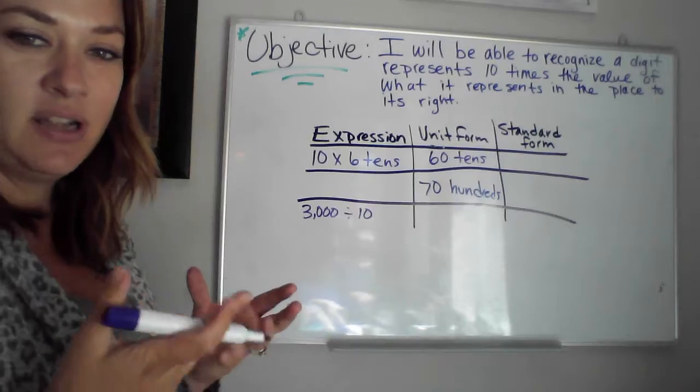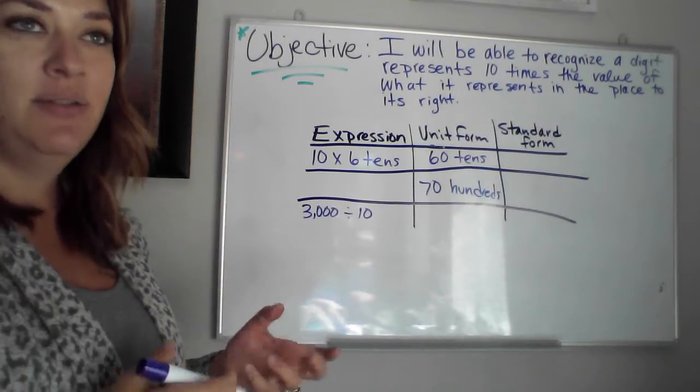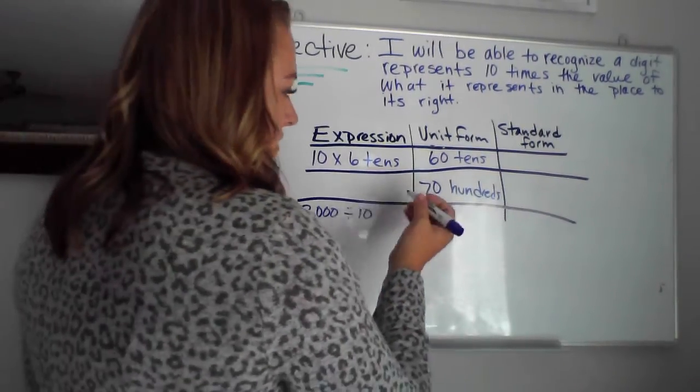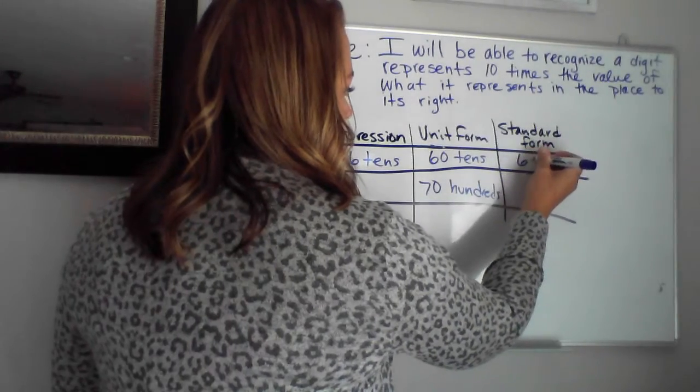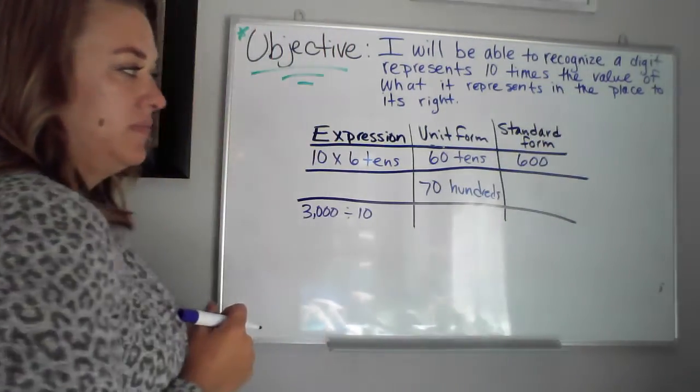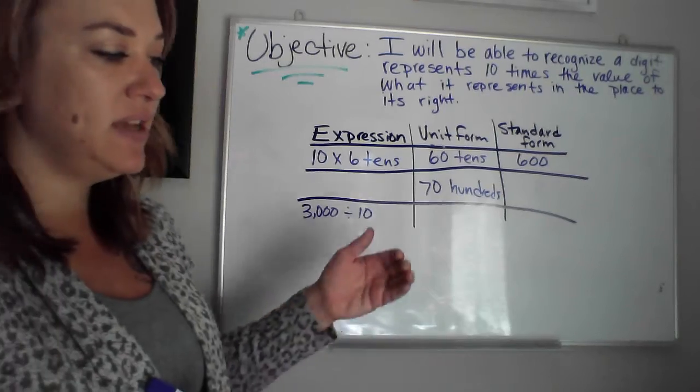But remember, we don't read our numbers like that. 60 tens, we don't say it like that. We would read 60 tens as 600. Okay, 70 hundreds.